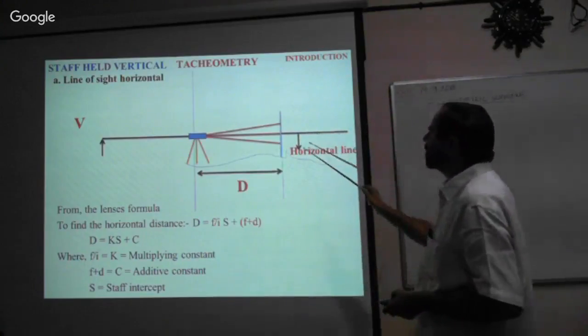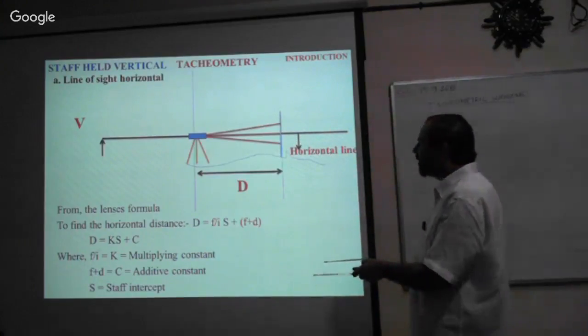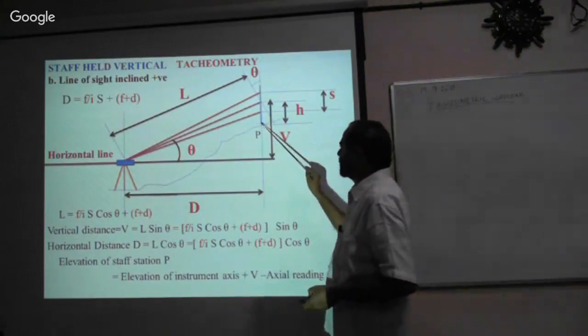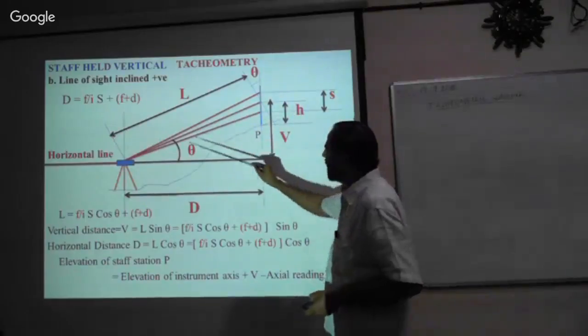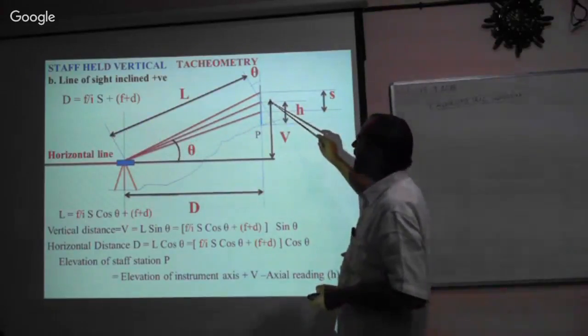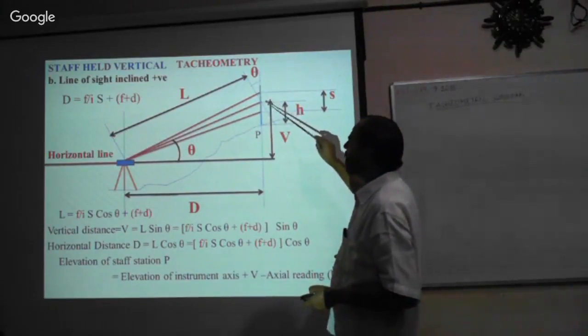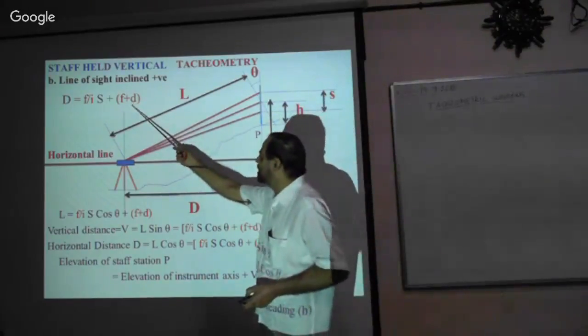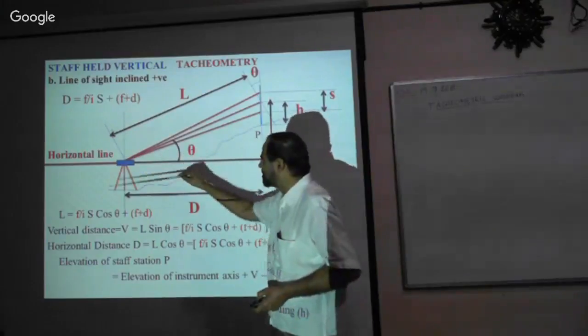In the second case, the staff is held vertical but the line of sight is inclined. Therefore, that equation is not related to this case.